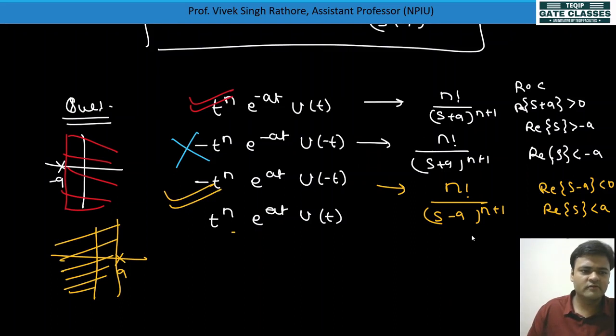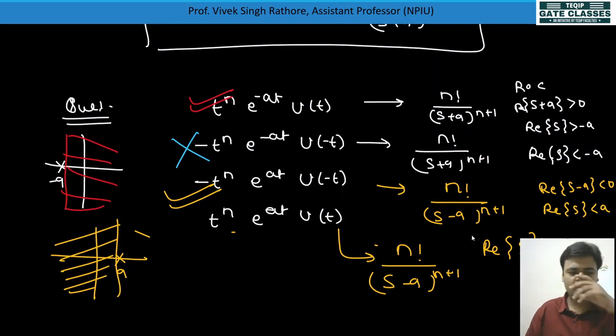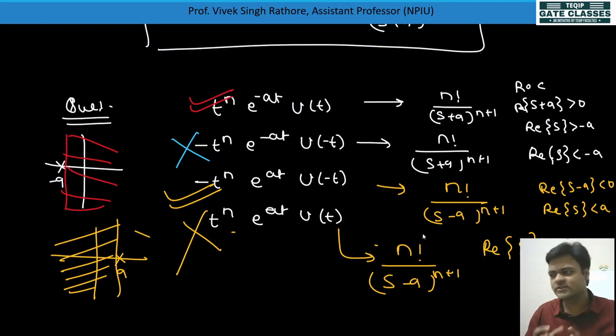And for this equation, n factorial by s minus a to the power n plus 1, real part of s is greater than a, and this ROC will be on the right hand side of a, and this system will not be stable because it won't include the j omega axis. So now you can understand how, after seeing the impulse response, we can tell whether the system is stable or not.